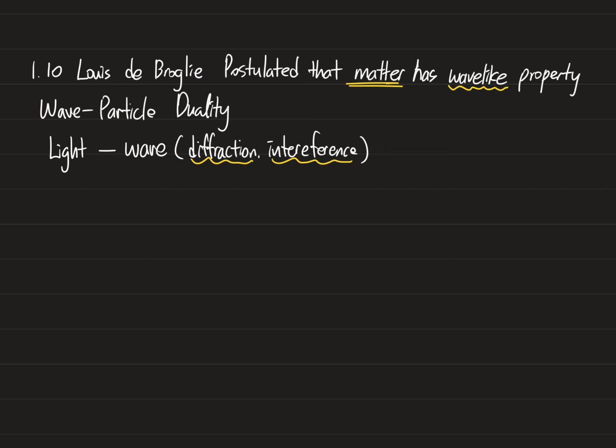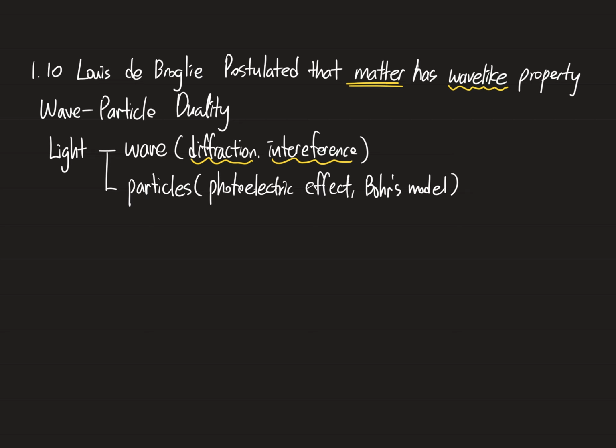Those experiments, including Bohr's atomic model itself, show that light also behaves as if it's made of discrete particles. So light, which we thought of as a wave, now has particle properties in some situations.